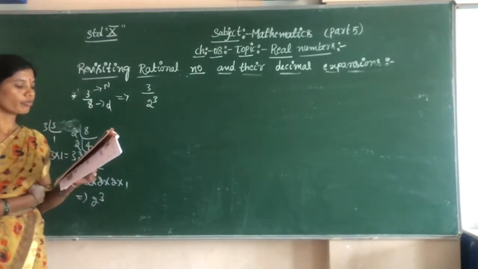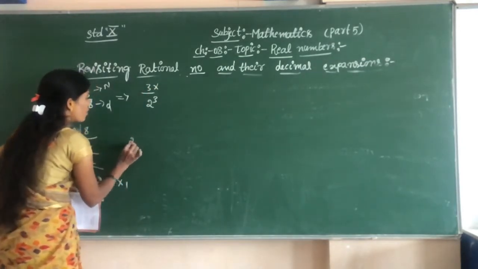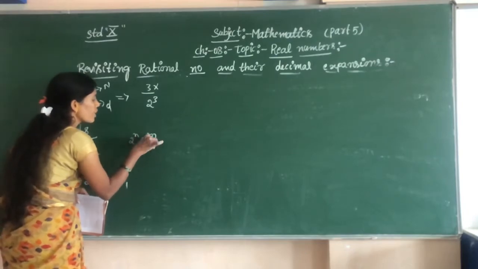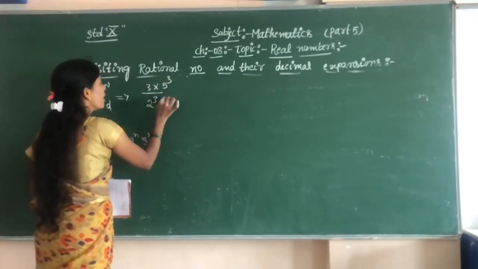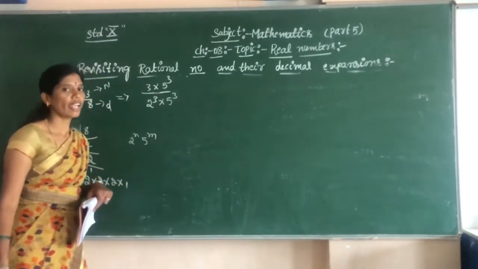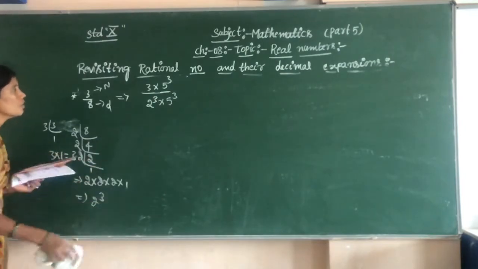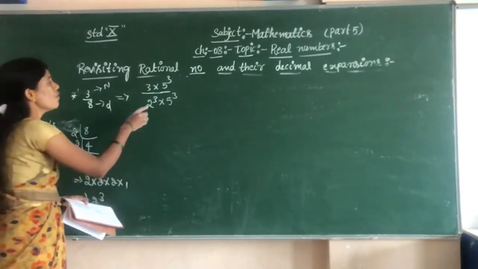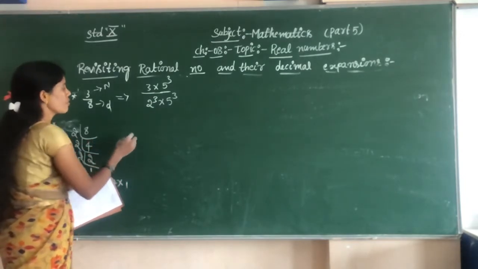Next, you should multiply numerator and denominator by 5 to the power of 3, so the denominator is of the form 2 to the power of n and 5 to the power of n. So 5 times 5 is 25, and 25 times 5 is 125.